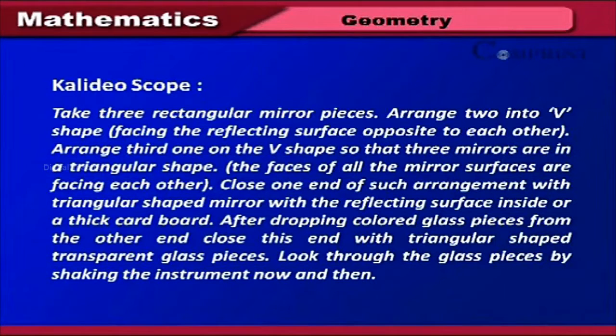Close one end of such an arrangement with a triangular shaped mirror with the reflecting surface inside or a thick cardboard. After dropping colored glass pieces from the other end, close this end with a triangular shaped transparent glass piece. Look through the glass piece by shaking the instrument now and then.